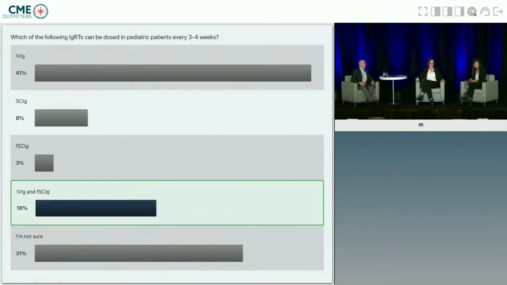So we have a mix of IVIG and sub-Q, and then some people said facilitated sub-Q alone, and some people said IVIG alone. Okay, so the correct answer is both IVIG and sub-Q IG can be used on a monthly basis.